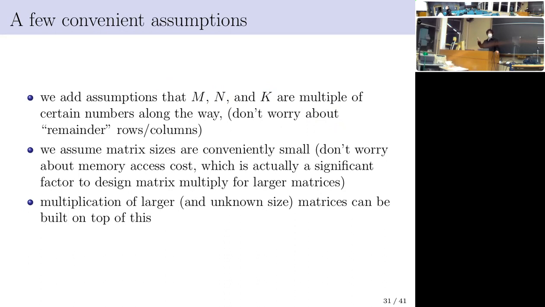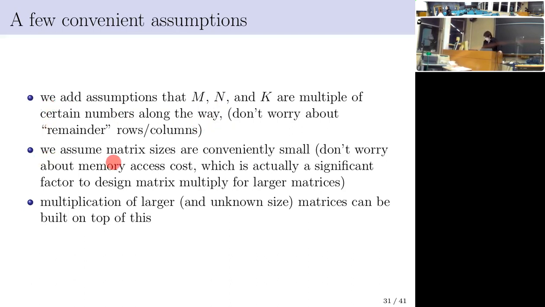Otherwise, the coding becomes just a bit tedious. You can do that, but in the exposition, I'm going to ignore that. So I'm just assuming that, when necessary, M is a multiple of the number of lanes, or N is a multiple of the number of lanes, things like that.